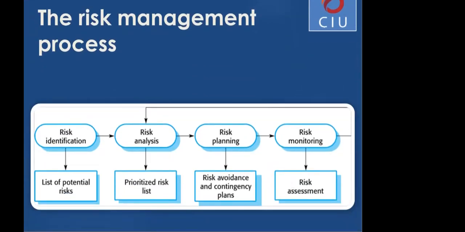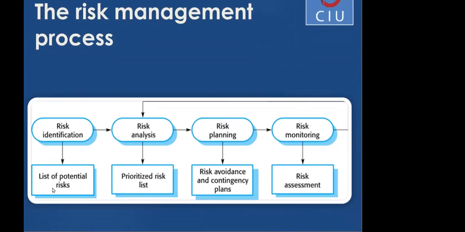As you can see from this graph, risk identification is the step where you list the potential risks. You do the analysis, where you decide the consequences and probability of the risks.